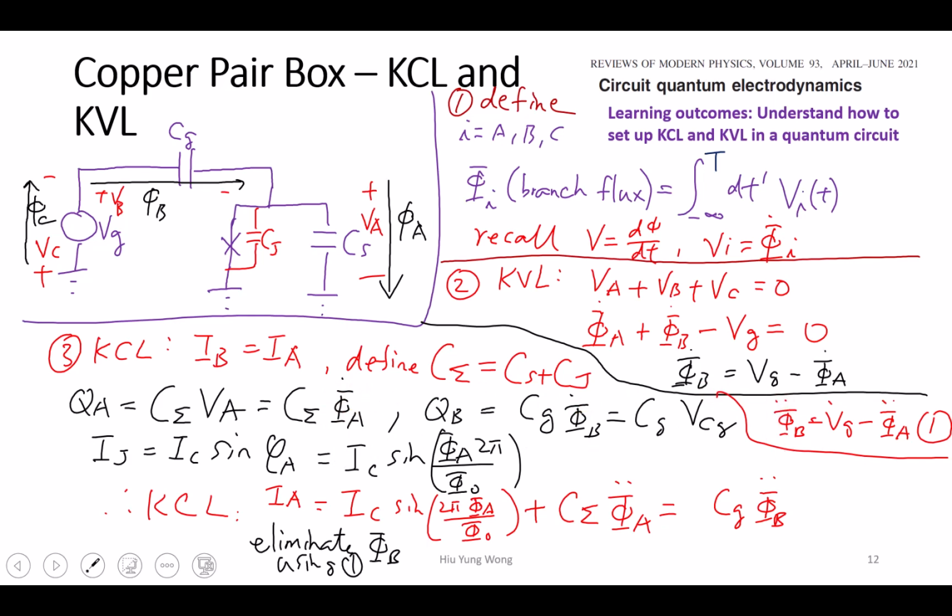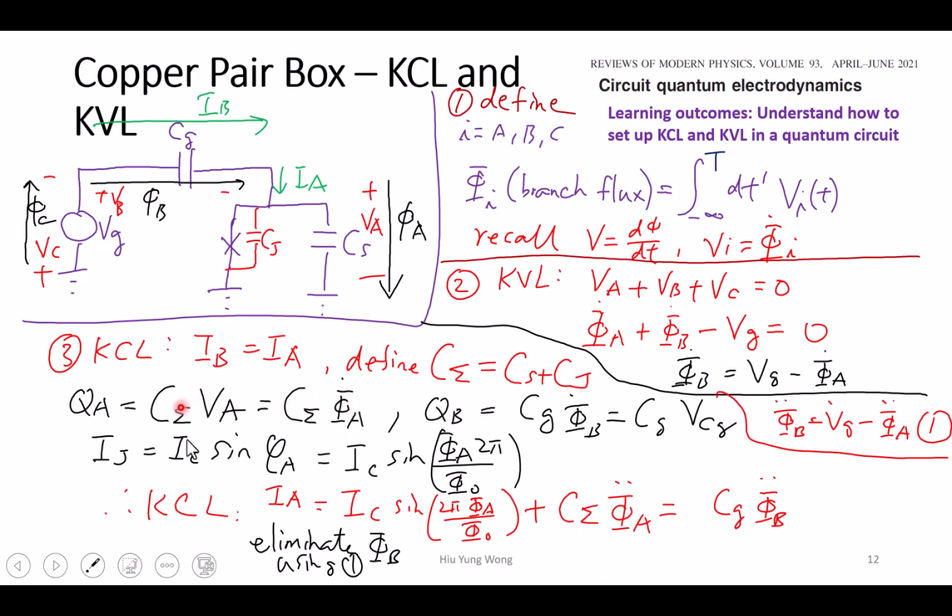How about this: I call this IB, and the whole thing here IA. IA is the sum of the current going through the Josephson junction and this shunting capacitor. So IA is IC, the Josephson junction current, plus the capacitor current, which is C V dot, and C V dot is C phi dot dot.